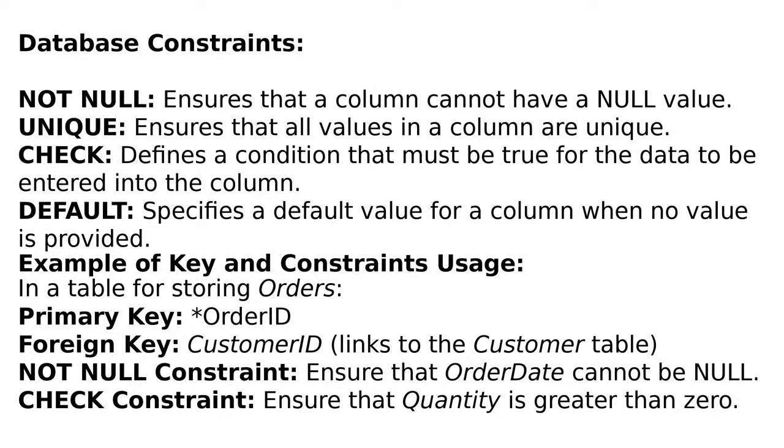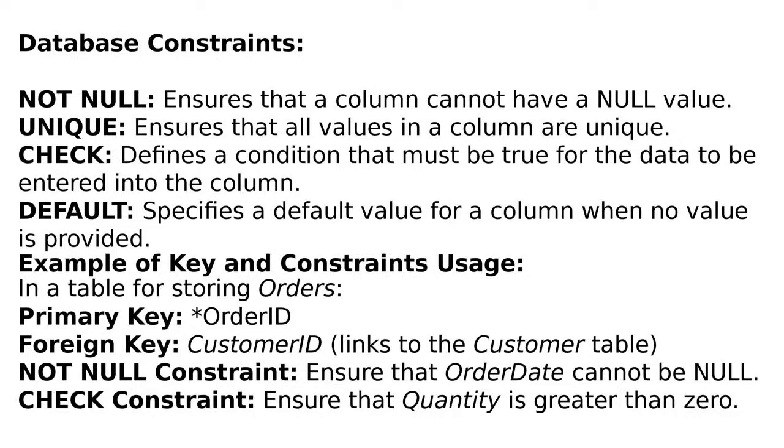Now, in a table for storing orders, you know what is order? You order for goods. Now, the primary key is order ID. The foreign key is customer ID, which links the customer that is buying to the order that he's making. The not null constraint ensures that order date cannot be null, because if you are ordering something, you state the date that you're buying it.